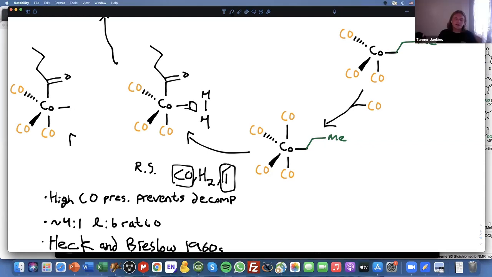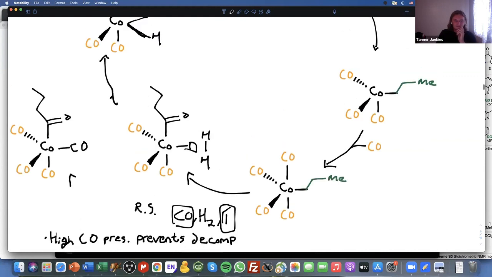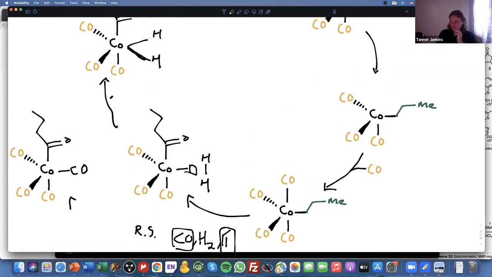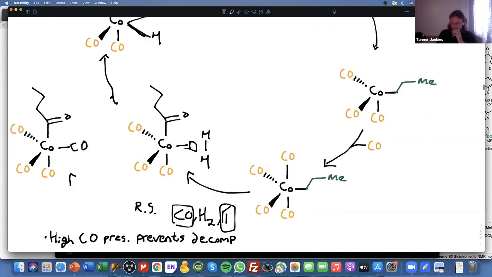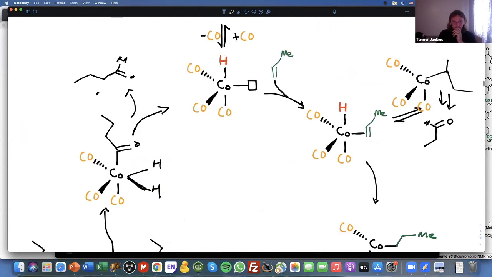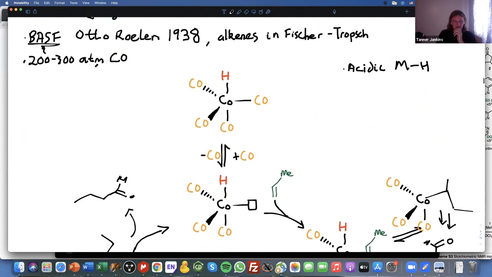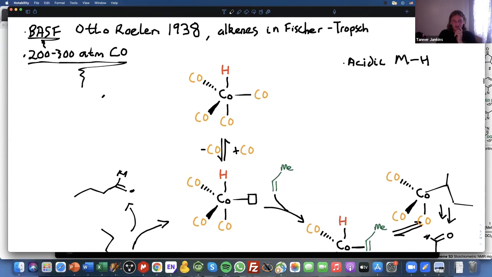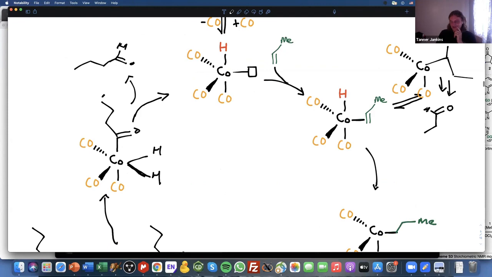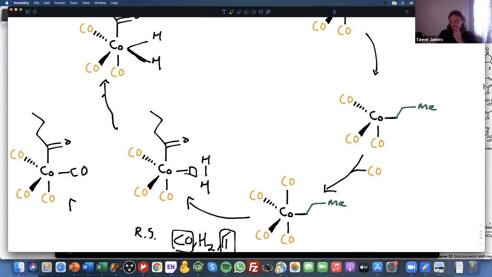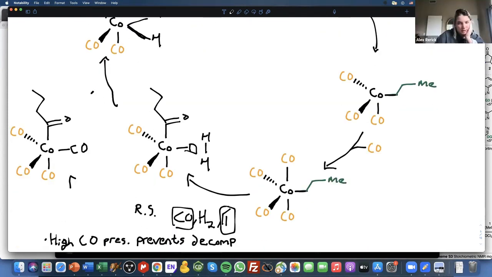And why would you expect the alkene to coordinate more readily than the CO? I'll give you a little hint here. We're running this reaction at 200 to 300 atmospheres of CO. Oh, so it would just come back off.